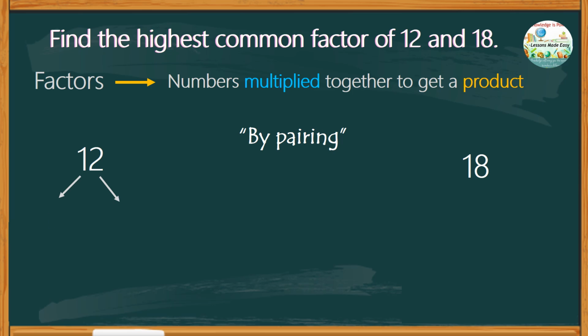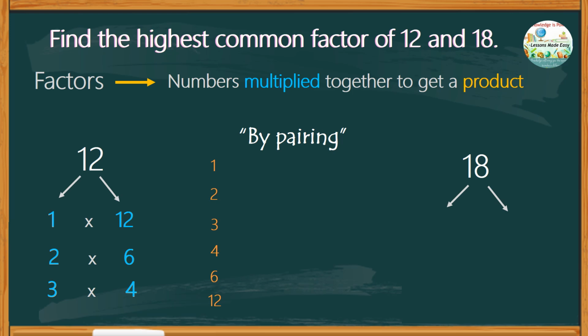Starting with 1 times 12 or 12 times 1, 2 times 6 or 6 times 2, 3 times 4 or 4 times 3. From this pairing, we list down the factors of 12. We have 1, 2, 3, 4, 6, and 12. Do the same with 18.